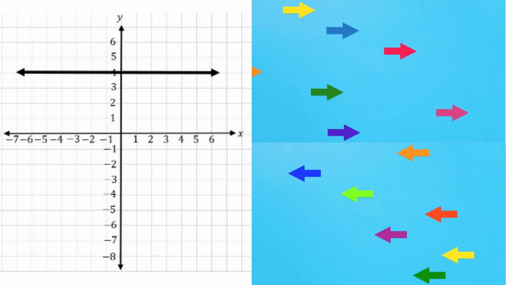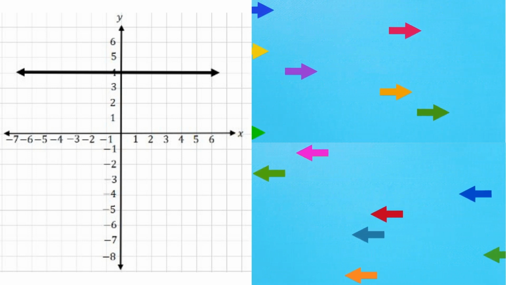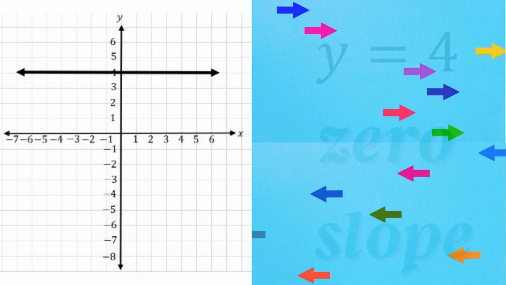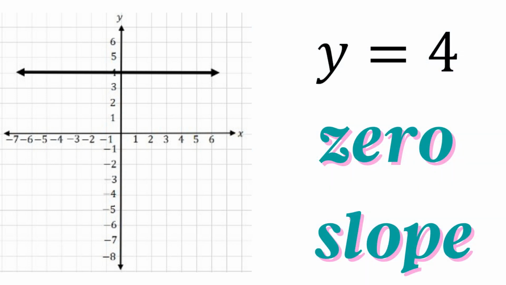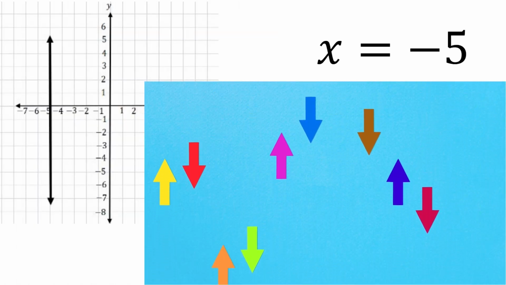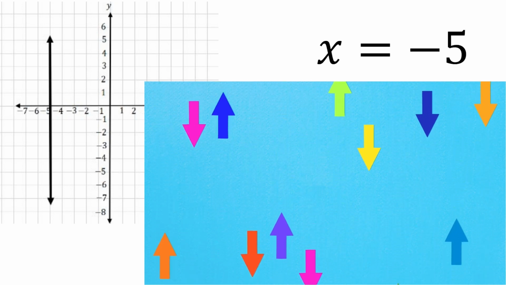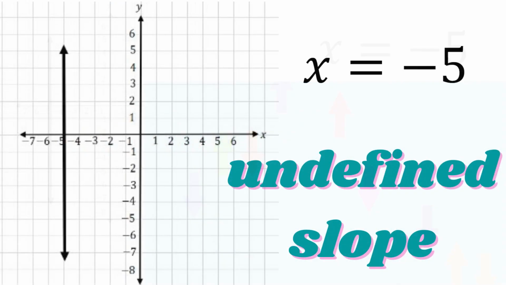Its graph is a horizontal line. Therefore, its slope is 0. And lastly, what about the graph of x is equal to -5? How does it look like? It's actually a vertical line. Therefore, it has an undefined slope.